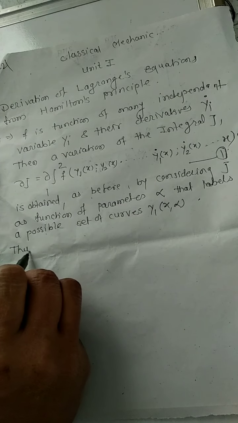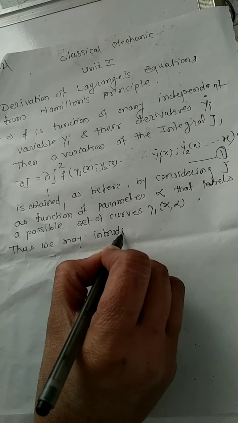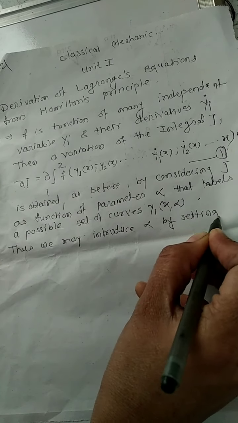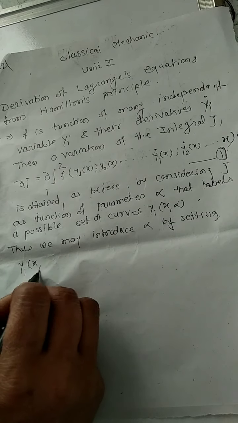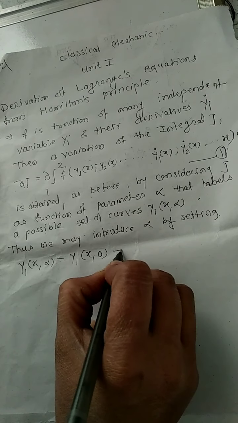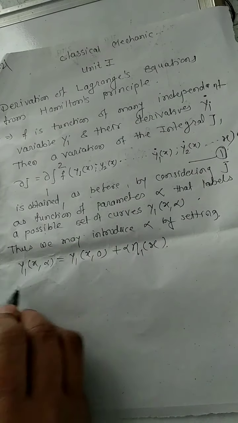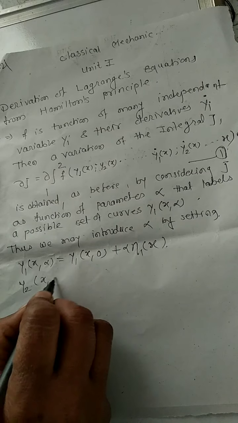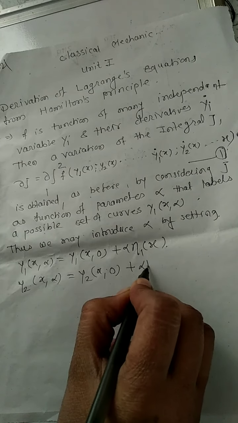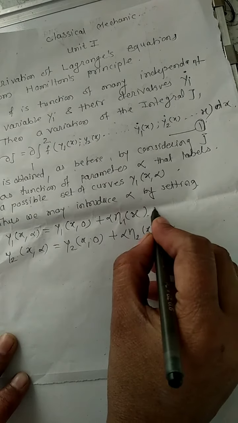Thus we may introduce alpha by setting y1 of x, alpha is equal to y1 of x, 0 plus alpha into eta 1 of x, and y2 of x, alpha is equal to y2 of x, 0 plus alpha into eta 2 of x. This is equation 2.